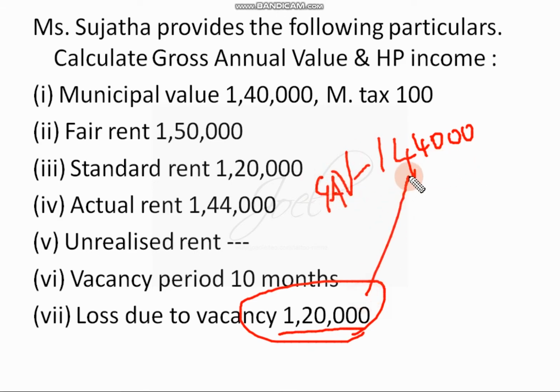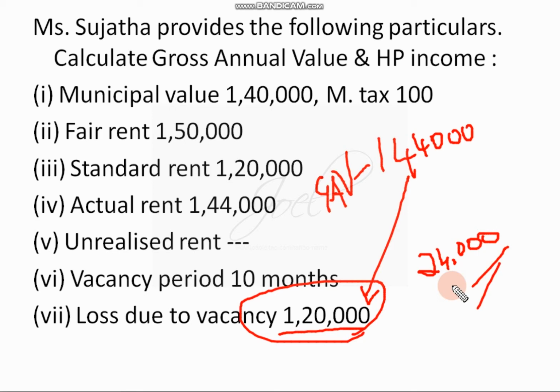So I have to deduct this vacancy period. 1,44,000 minus 1,20,000, I'll get 24,000, and 24,000 is my gross annual value.